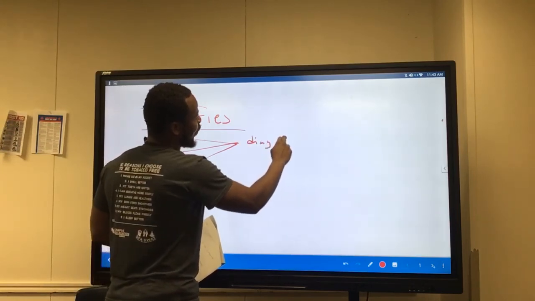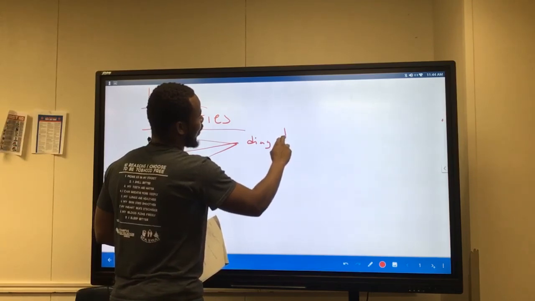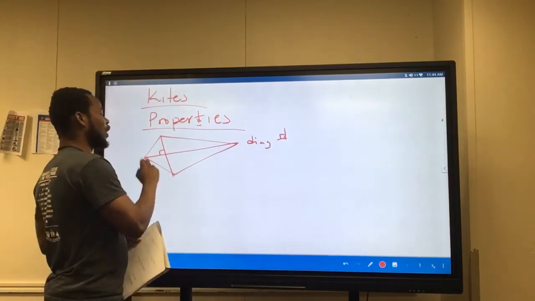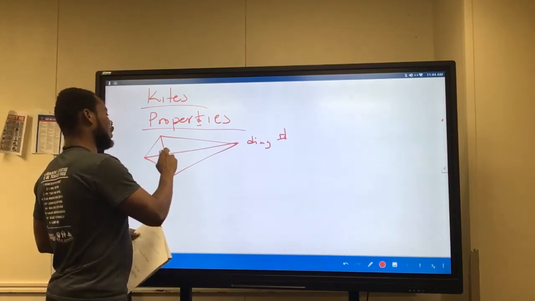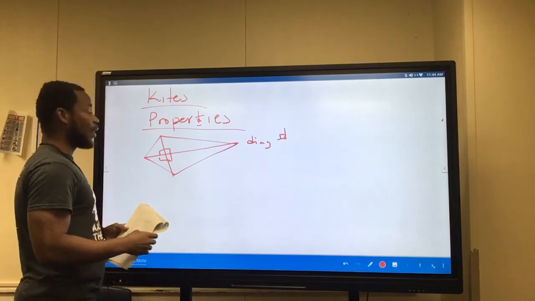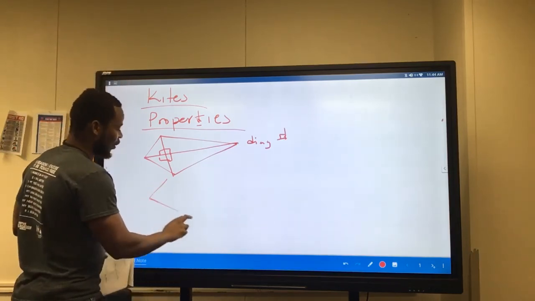That means the angle formed over there is a 90. So if this is a 90, this will be a 90, and this will be a 90, and that will also be a 90.